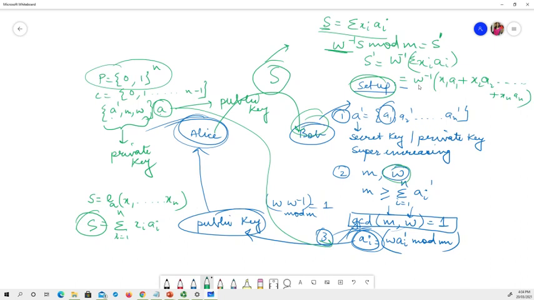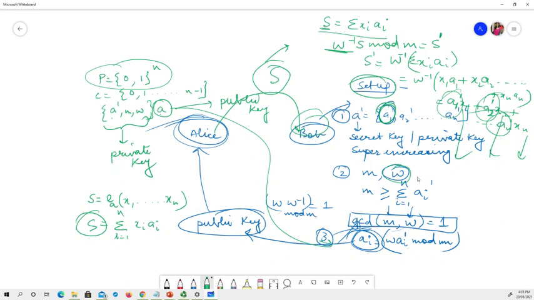If you multiply W inverse x1 a1 plus W inverse x2 a2 and so on, in the end we would get a1 prime x1 plus a2 prime x2 plus an prime xn. So finally we would be able to get the values of x1, x2, xn, and the values of a1 prime, a2 prime were already known to the person.